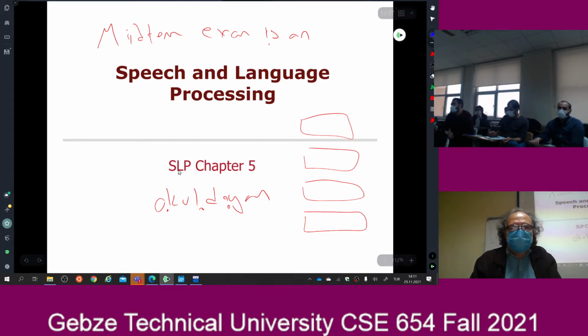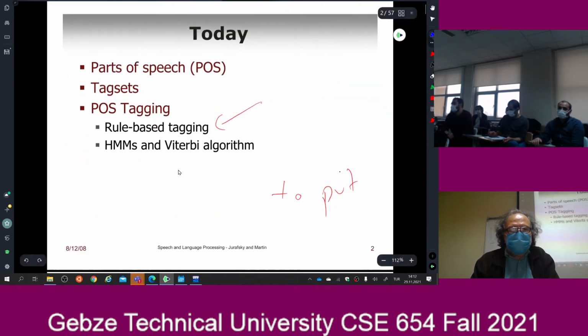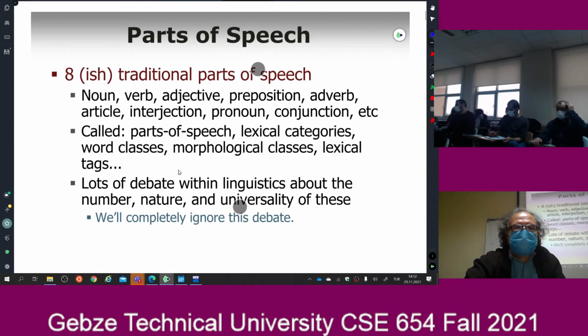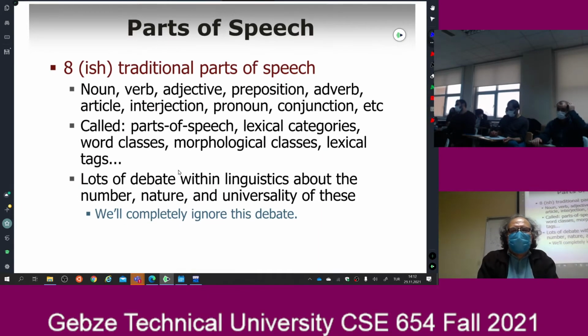Okay. So part of speech tagging. This is what we are going to do. First, let's look at the problem. What is parts of speech? We don't have exactly the same problem defined in Turkish literature or Turkish language studies, but we have kind of similar stuff. Given a sentence, every word in that sentence has some kind of a function, right?